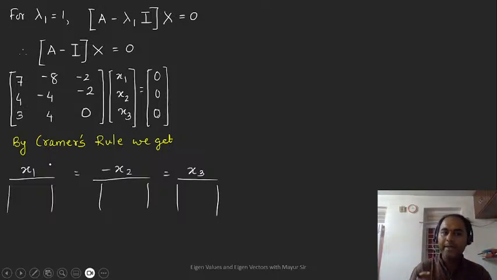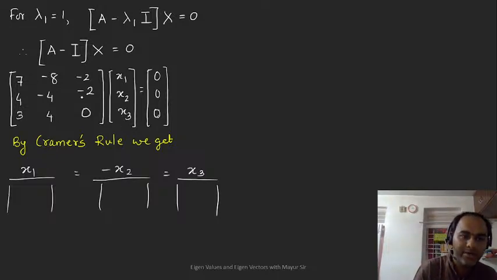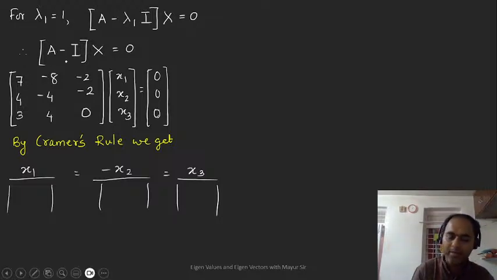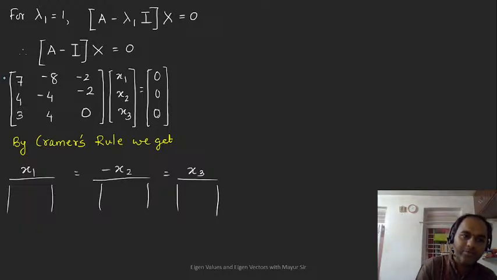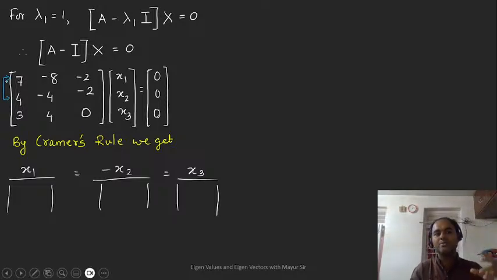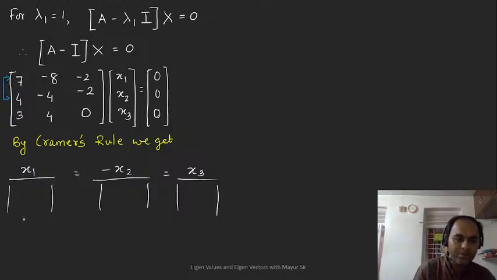Choose any two rows in the matrix that you see in front of you. This is the reduced one, A minus I. In that matrix we have to choose two rows. So I am going to choose the first two rows. Always have a habit of choosing the first two rows. Suppose you choose the first row and the third row, then see to it that you don't get zeros over here.